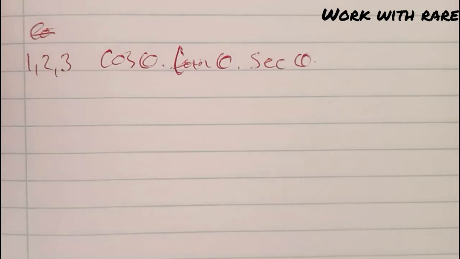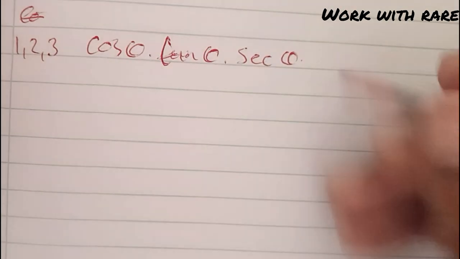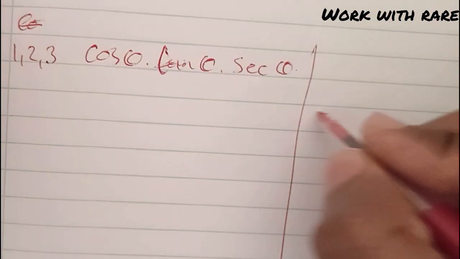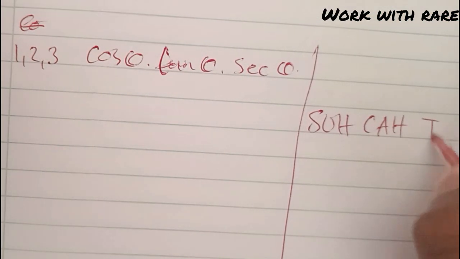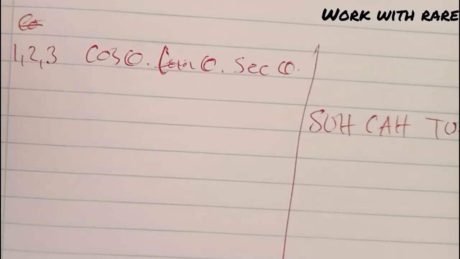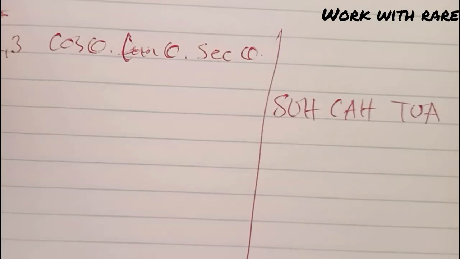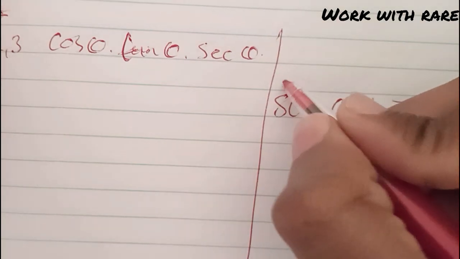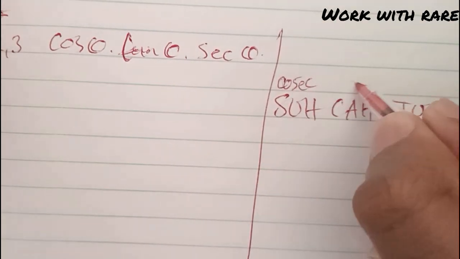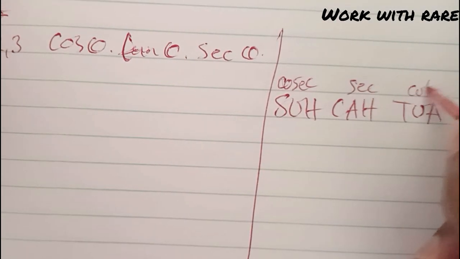Okay, so you have to know what sec is for. So before we can answer this question, I want to take you to something. Let me take this part as part of the scribbler. We have SOH CAH TOA, right? You all know this. Not all, but the majority of you. Some call it different ways. Okay, so I usually do this and say this one is for cosec, sec, and cot.